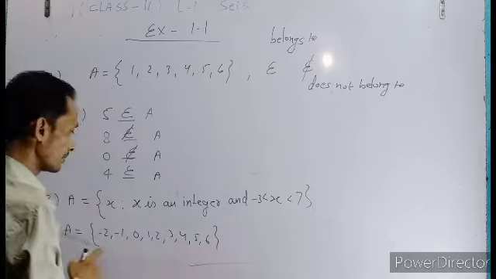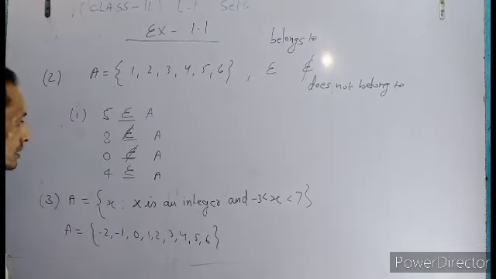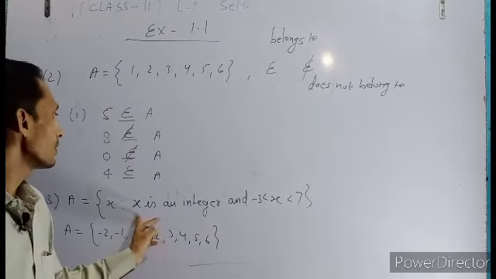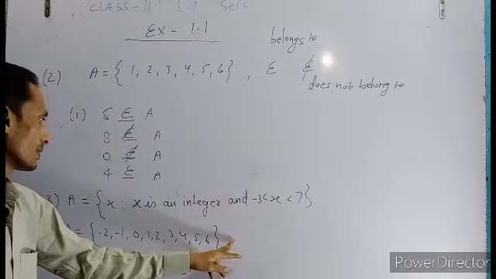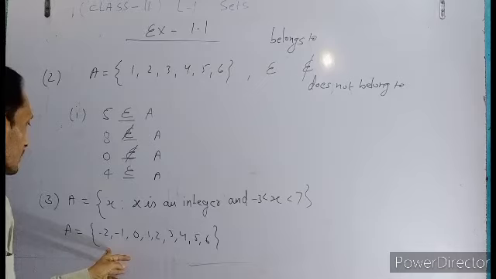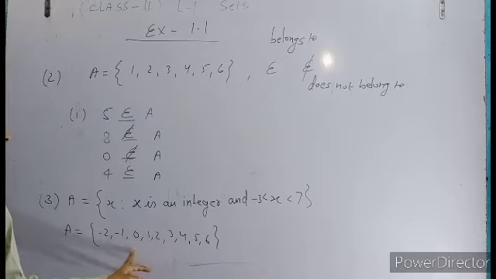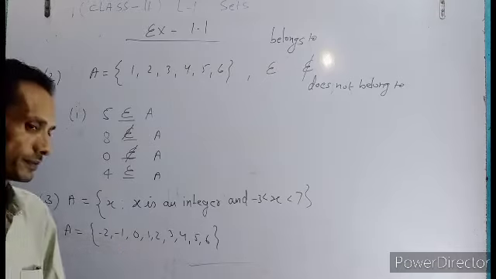Separated by commas, according to the common property given in set builder form, we have converted it to tabular form, or roster form.